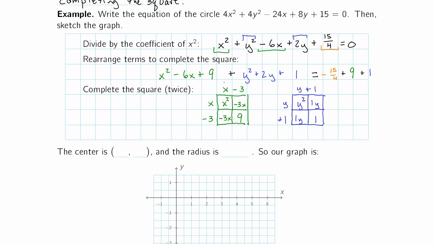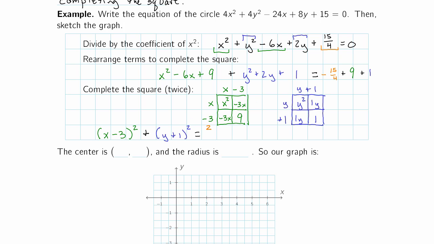Then my x part of my equation becomes x minus 3 squared. My y part of my equation becomes y plus 1 squared. And on the right-hand side, I'm going to just throw all of that into a calculator.